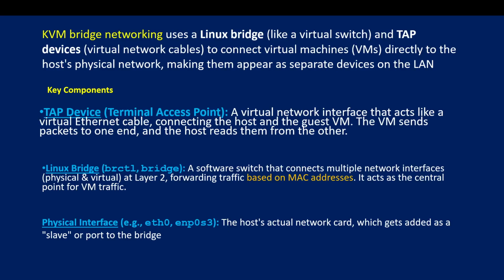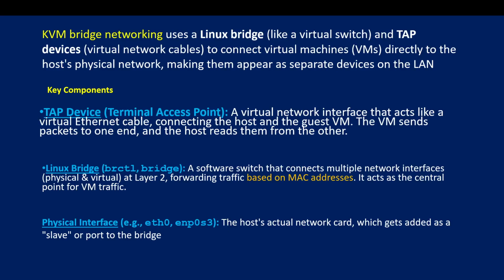It doesn't work by connecting directly to the Linux physical interface, some network card. Instead, the virtual machines are connected through the tap device, the virtual network interface, which acts like a virtual ethernet cable connecting the host machine and the guest machine.